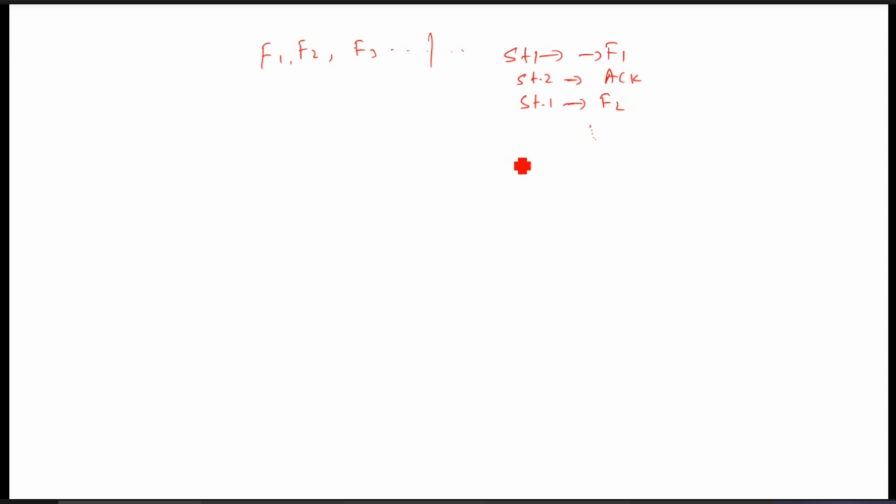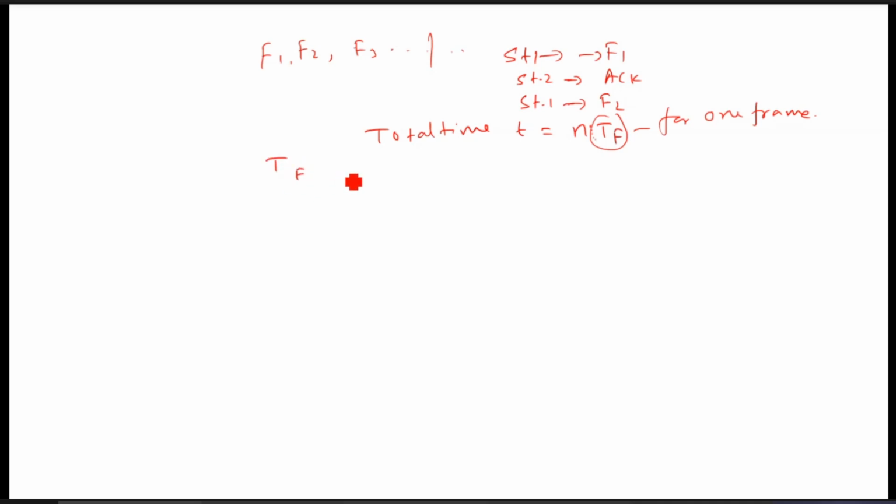So the total time to send the data, T, is the total time for transmitting all the n frames, as before, that is T equals N into TF, where TF is the time to send 1 frame and receive 1 acknowledgement, right? This is for 1 frame.